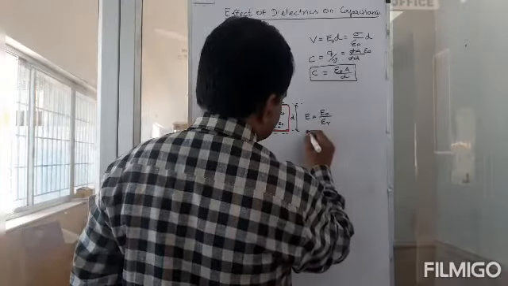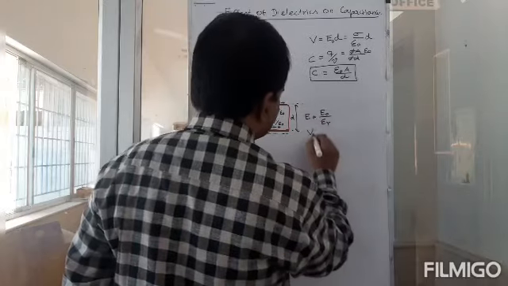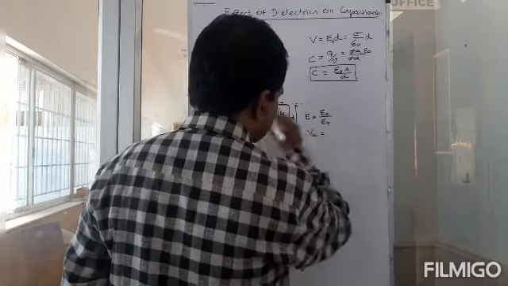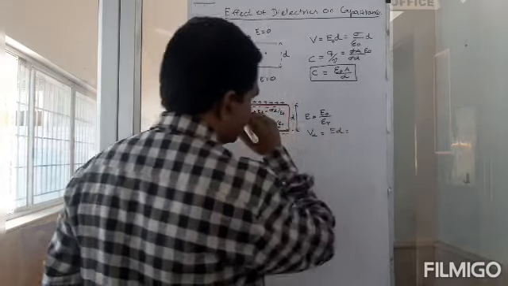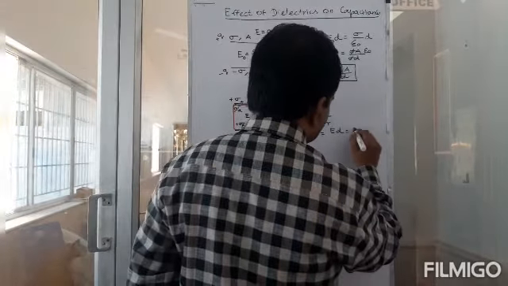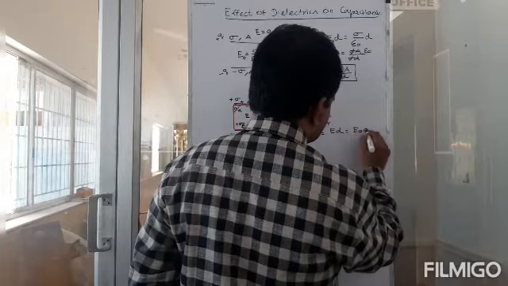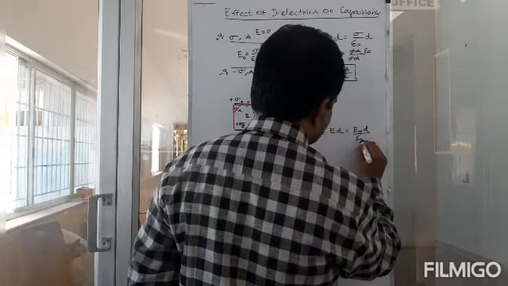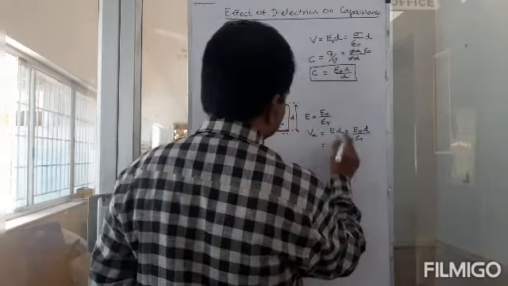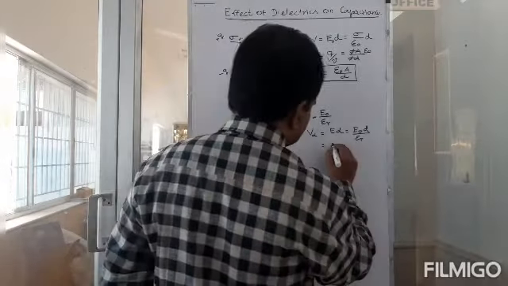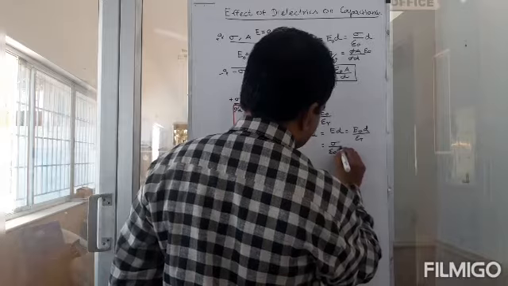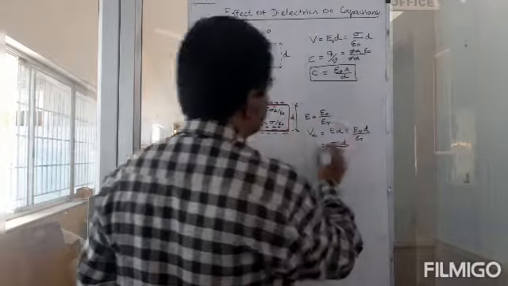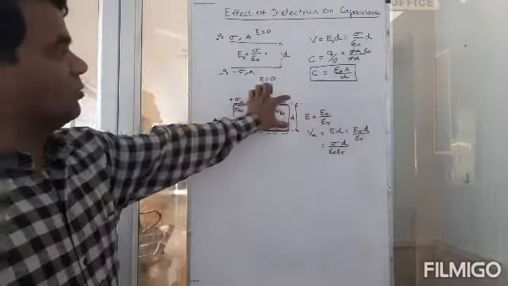The voltage with the dielectric, Vd, is equal to E into D, that is going to be equal to E naught D by epsilon R, but E naught is sigma by epsilon naught, so it is sigma D by epsilon naught epsilon R.